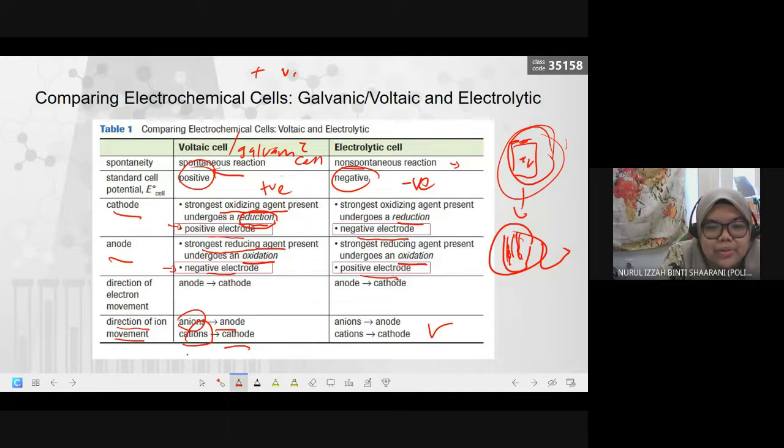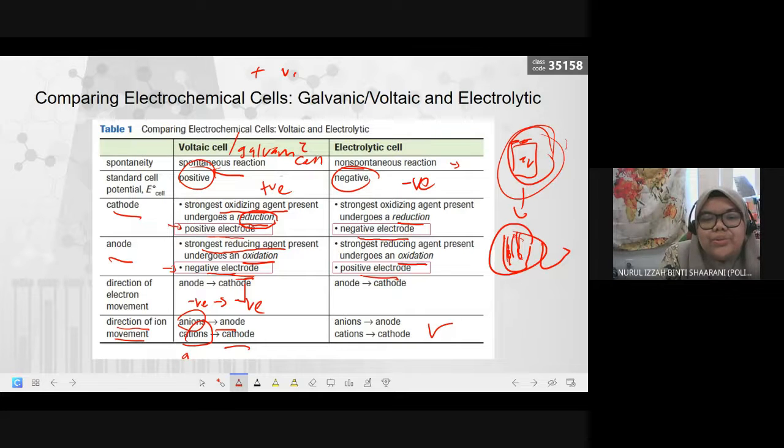Anion, contohnya dekat sini, anion is a negative charge element, right? Dia akan pergi kepada anode. Anode akan duduk dekat negative electrode kat sini. So kalau kita fikir negative electrode ataupun negative terminal tu is a charge, takkanlah negatif nak pergi negatif balik. Boleh ke? Biasanya negatif akan pergi positif.